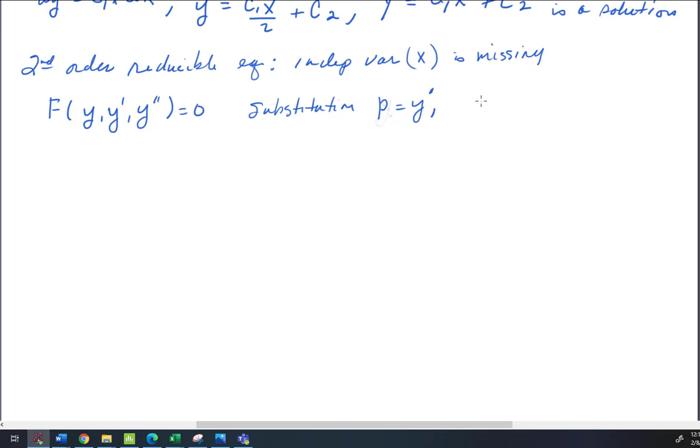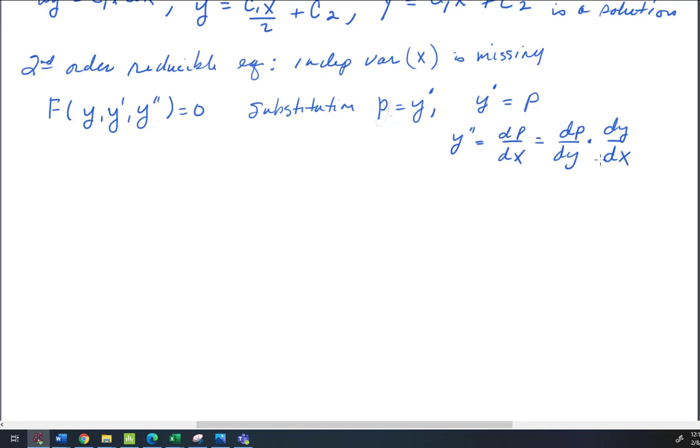So this would mean that y prime would be equal to p, and now we've got to be careful. y double prime would be dp dx, which would be dp dy times dy dx. That would be using the chain rule.